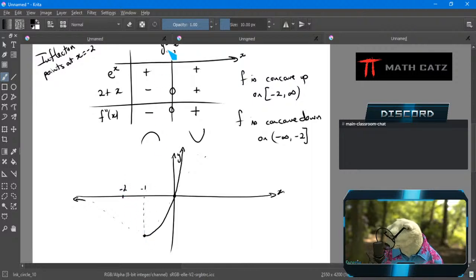If you actually calculate the y values, the inflection point sits a little lower. I don't think it's perfectly halfway, but it's in between this turning point and the x-axis. Of course, it has to be. So let me clean this up a little bit. Now I'm going to turn at my critical point.